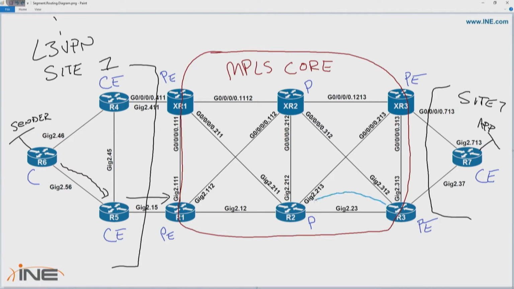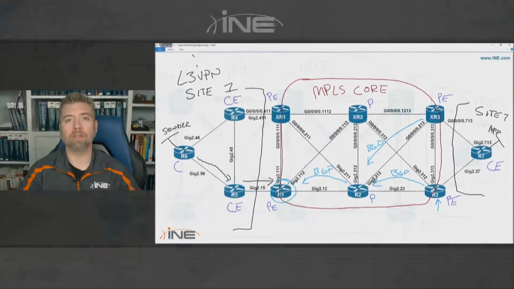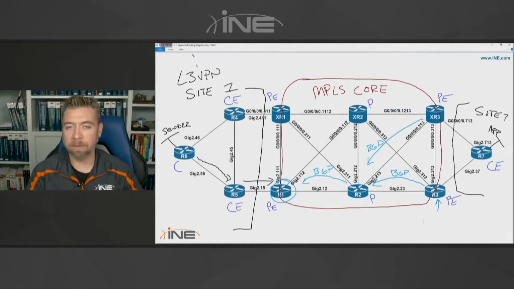So the BGP update about the prefixes is going to go to the reflectors, and then the reflectors are going to pass these on. Okay, let's say from router 1's point of view that it sees router 3 as the next hop. The key point here though is that the specific next hop value that BGP is advertising is going to be 3.3.3.3, which is the loopback 0 interface of router 3.